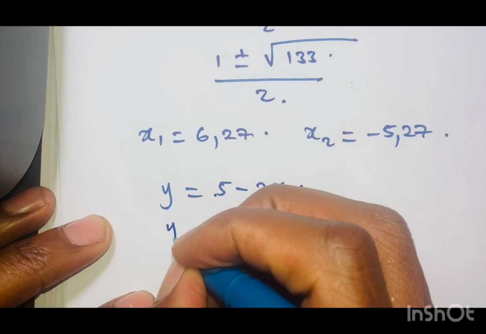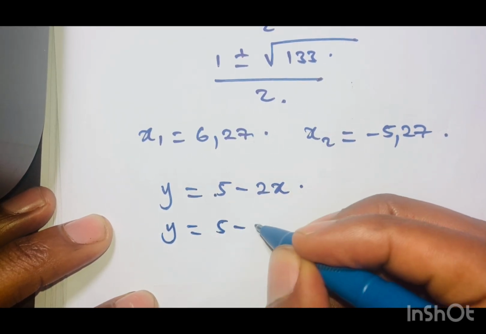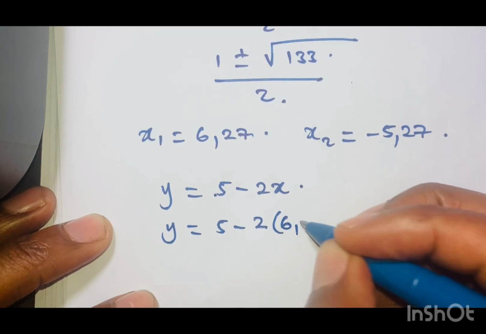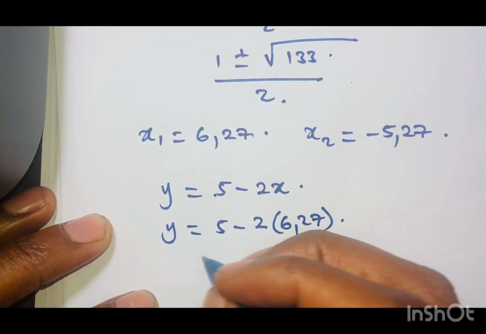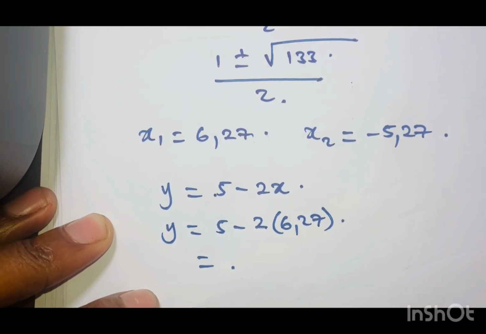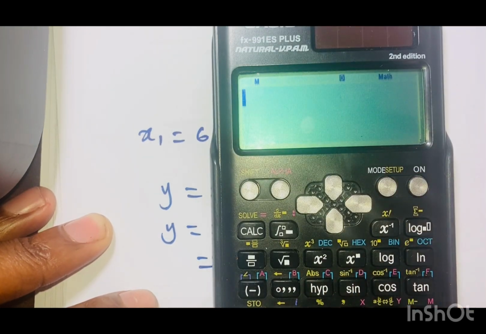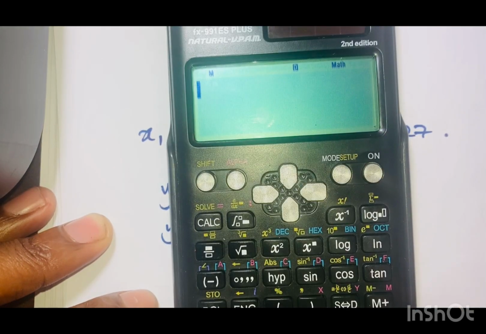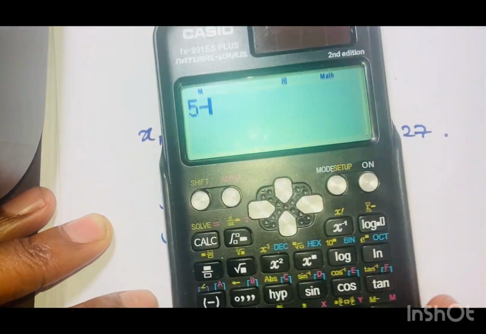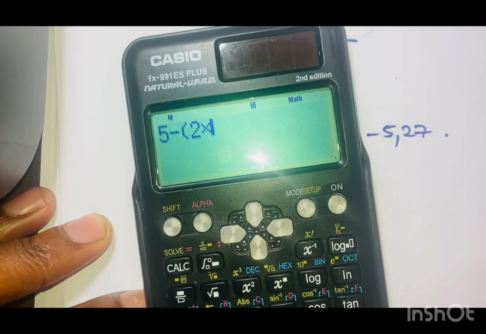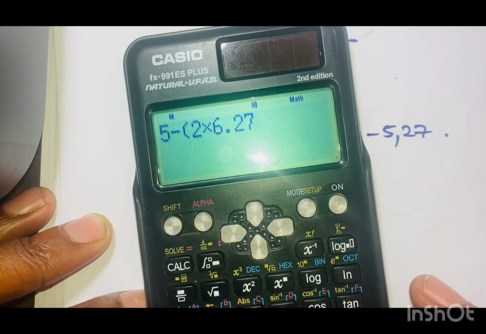So y is equal to 5 minus 2 times x1, which is 6.27. If I punch that on the calculator, I'll have 5 minus 2 times 6.27.